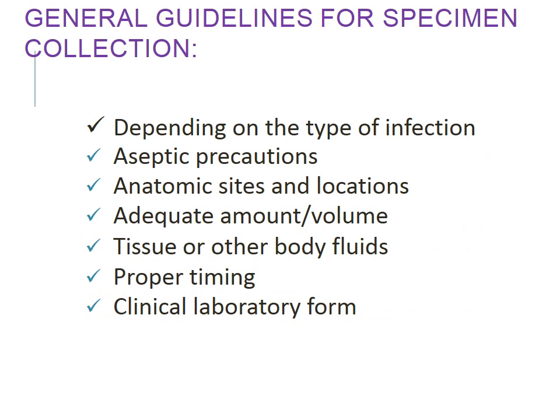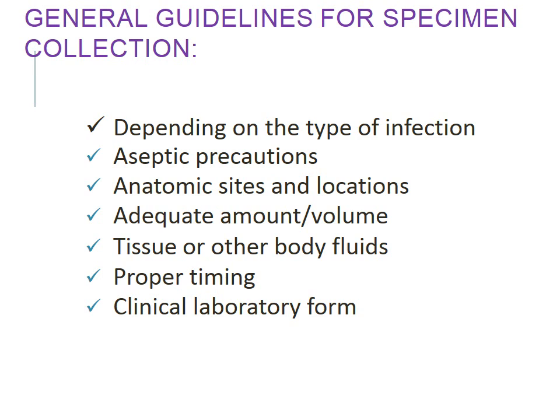As this is one of the rate limiting steps in disease diagnosis, there are certain guidelines to be followed while collecting the specimen. The first thing is we have to be very careful about the type of infection, because we have to collect the sample depending on the type of infection. So the person should be aware of the type of infection.